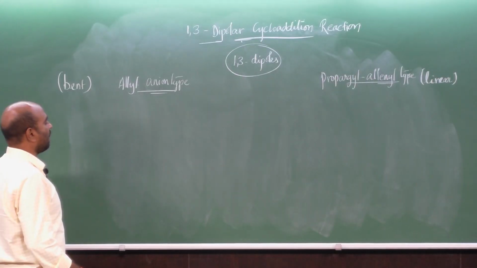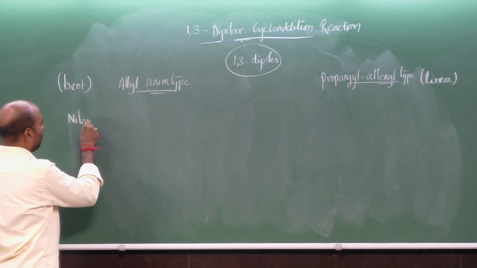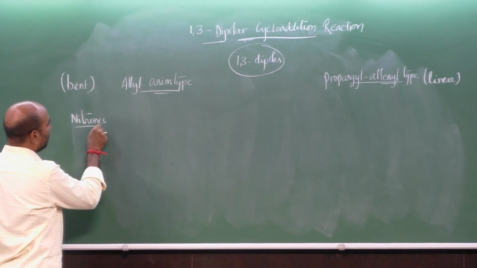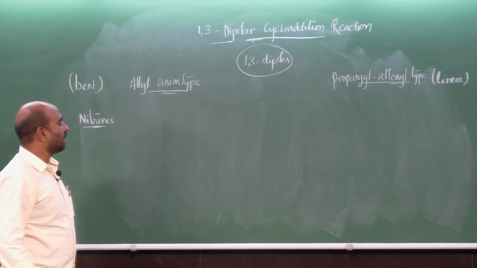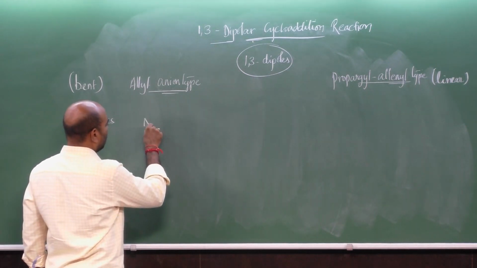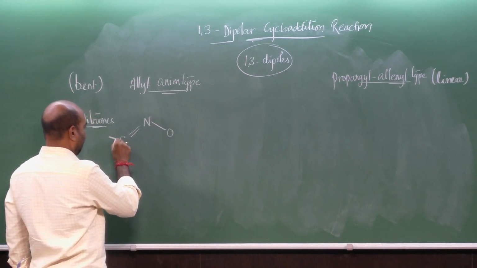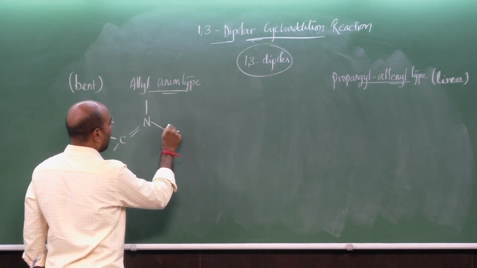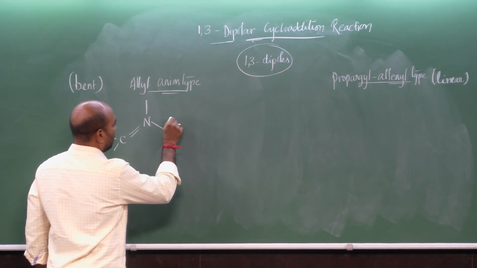So coming to the examples, nitrones are one of the best examples for allyl anion type of 1,3 dipoles. So what is a nitrone? It is this one.